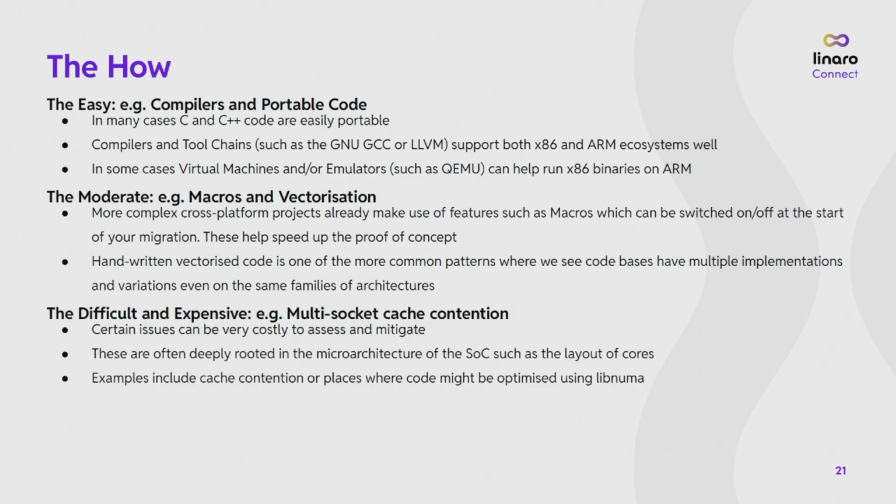And then you have the difficult and the expensive. Examples, this is something I'm working on personally as we speak these days. Multi-socket machines are coming out in the cloud, multi-socket ARM systems. AWS is already providing those. Cache contention becomes a problem.